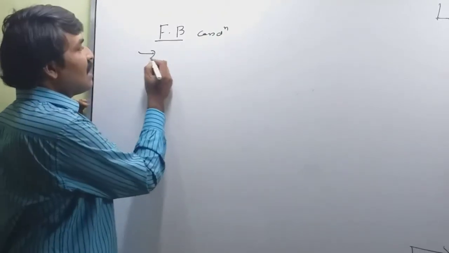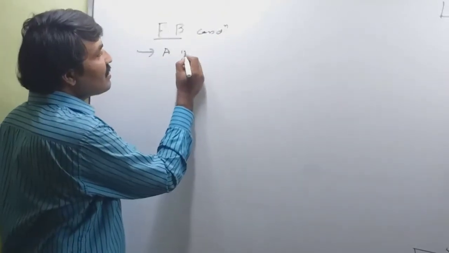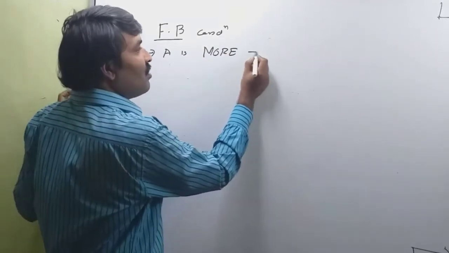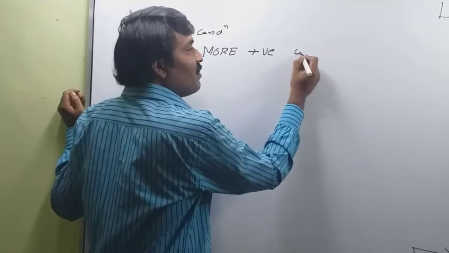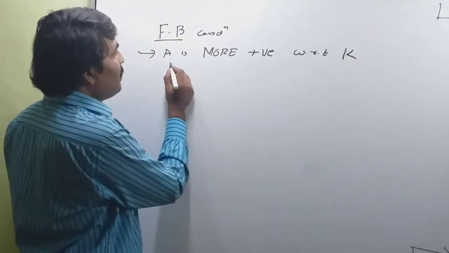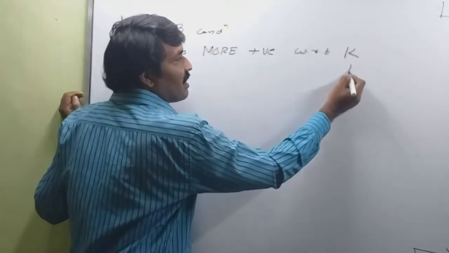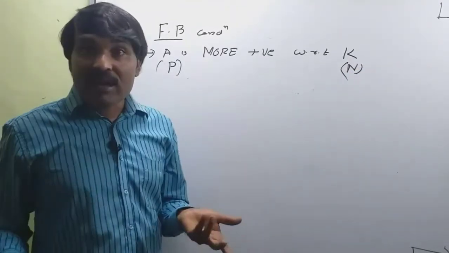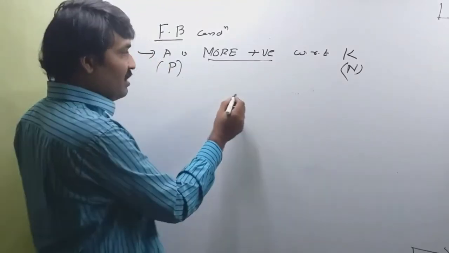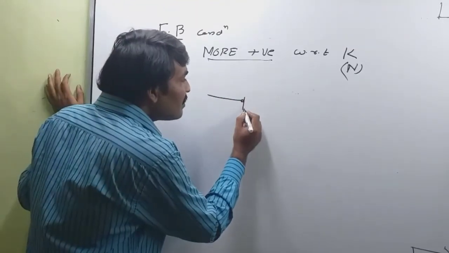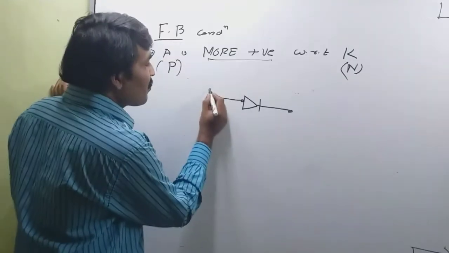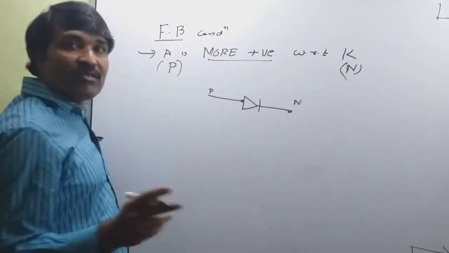That means anode is more positive with respect to cathode, where anode is P and cathode is N. So why are we using the term more positive? Again drawing the circuit symbol of a PN junction diode, P and N, now I am giving some polarity.